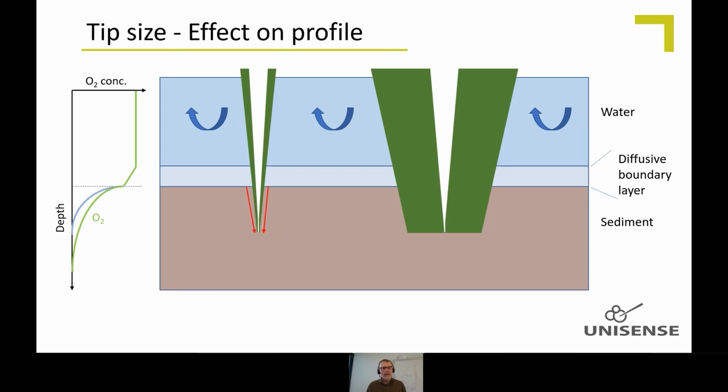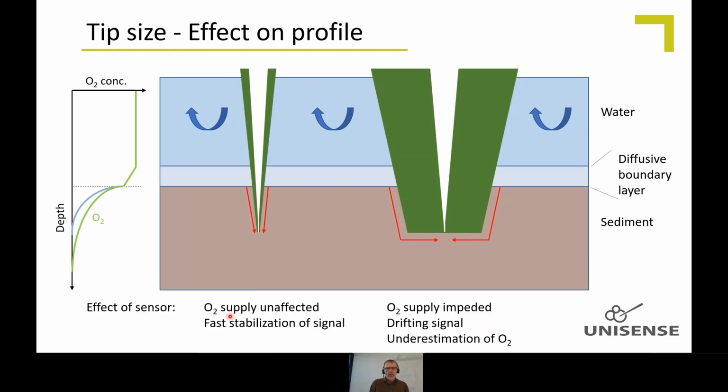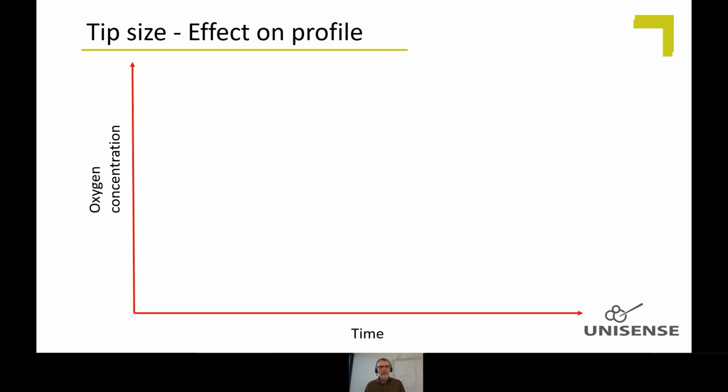Another way of looking at this is that when you have a small sensor, oxygen can easily get down to the front of the tip, whereas if you have the large sensor, there's a longer way of diffusion into the sediment in front of the tip. So with the small sensor you don't affect the oxygen supply, and you get a fast stabilization. Here you reduce the supply of oxygen, and therefore you'll get an underestimation, and you may get a drifting signal. I'll illustrate this here.